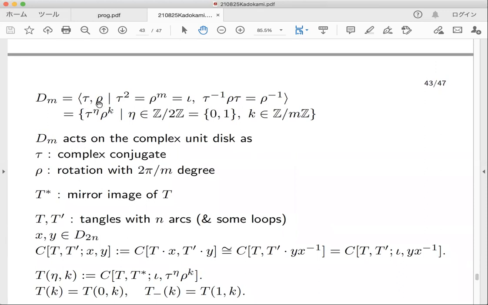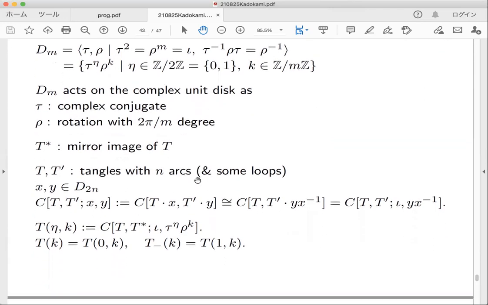Tau and rho are generators. D_M acts on the complex unit disk as tau, complex conjugate, and rho, rotation by 2 pi over m degrees, and T star is the mirror image of T.